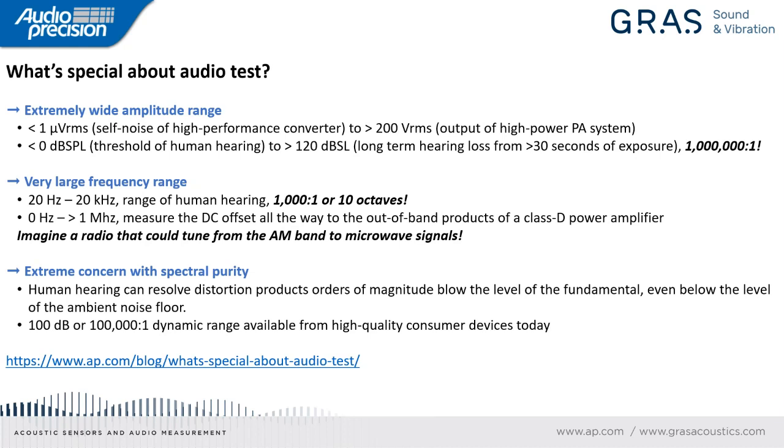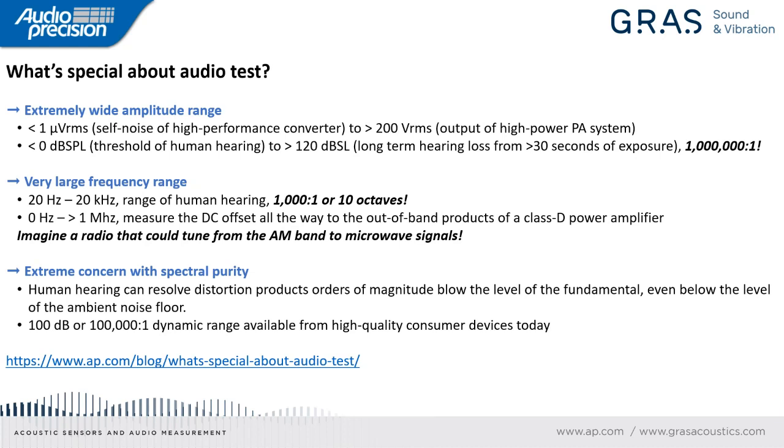It would be a bit like imagining a radio that could tune from the AM band all the way to microwave signals. If you think about typical RF spectrum analyzers, they're not designed to address that kind of range of frequencies. You know, if you think about radios, we typically think of tuning them within an octave range, within a fraction of an octave range.